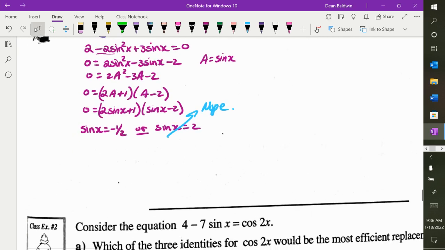Where is sine negative? Third and fourth. Have I done this right? Is it plus 1? 2 sine x, negative 4 sine x plus sine x. Yeah, that's right. All right. So what is sine x negative in the third and fourth quadrant?